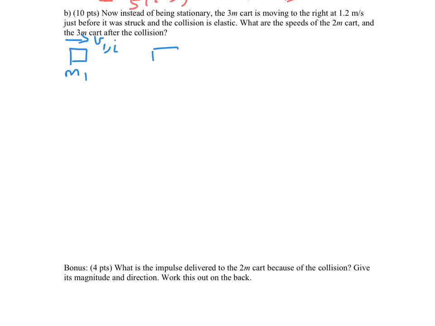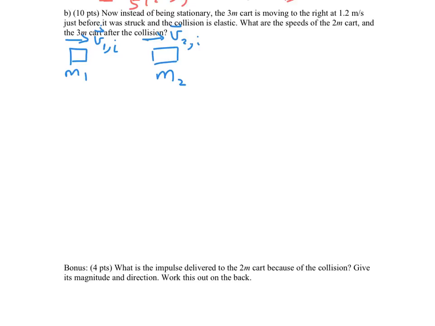And it collides with another object, m2, which is moving. Now, this is a vector. I don't even really care what direction it is. I'll just write it as a vector. This is v2 initial.